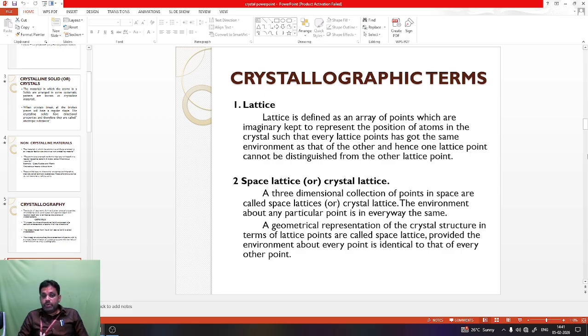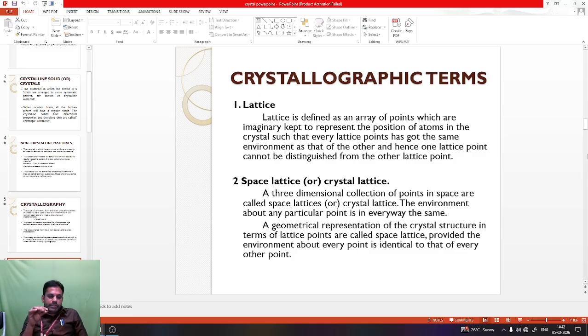Lattice. So what do you mean by lattice? Lattice is an imaginary point. Like in common, in the morning, in front of the house, our ladies use dots and draw a kolam. Okay, 4 rows 5 columns, 5 rows 5 columns, 3 rows 5 columns. So these are all the methods we follow.